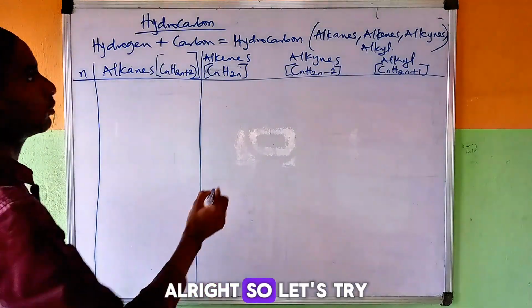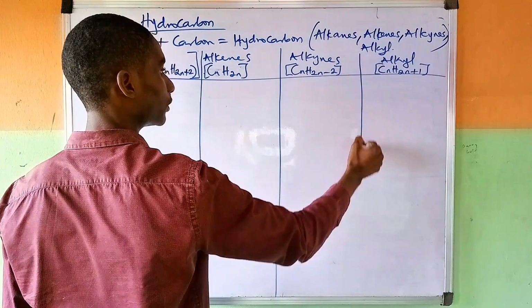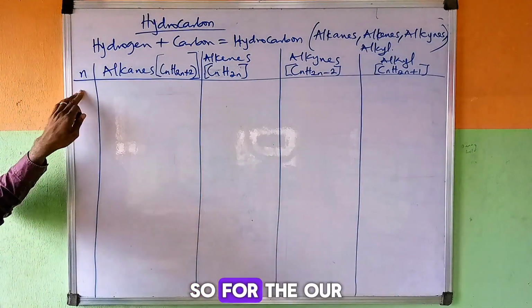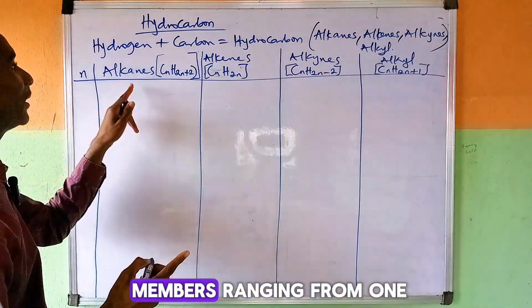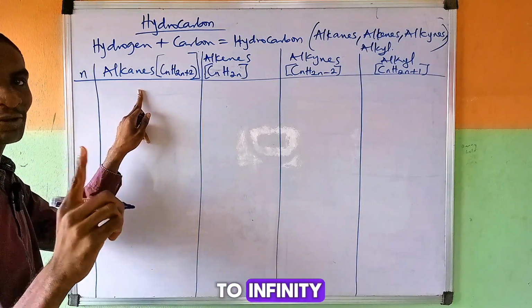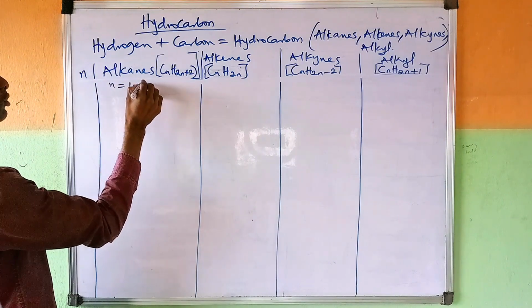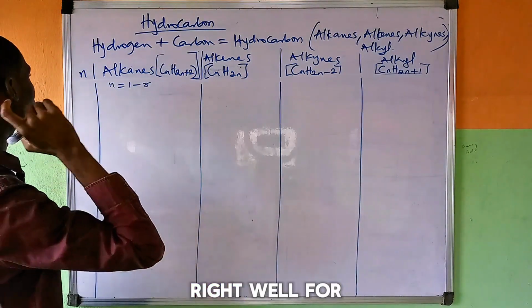Alright, so let's try to plot the table. For the alkanes, they have members ranging from 1 to infinity, so n is 1 to infinity. Alright?